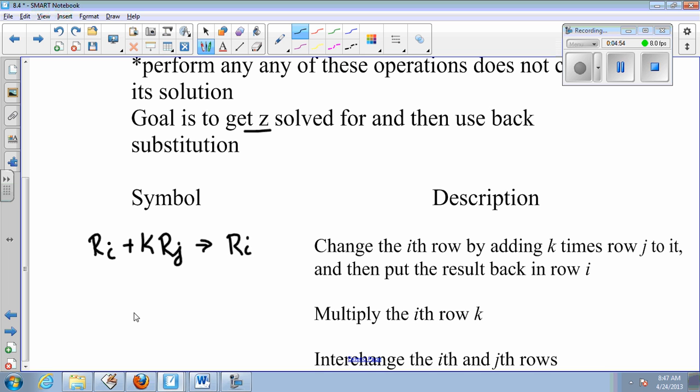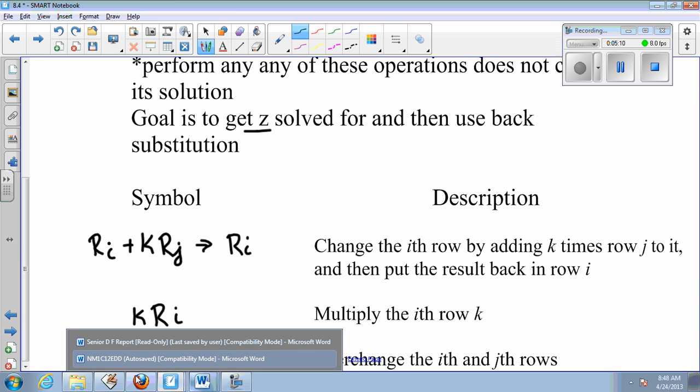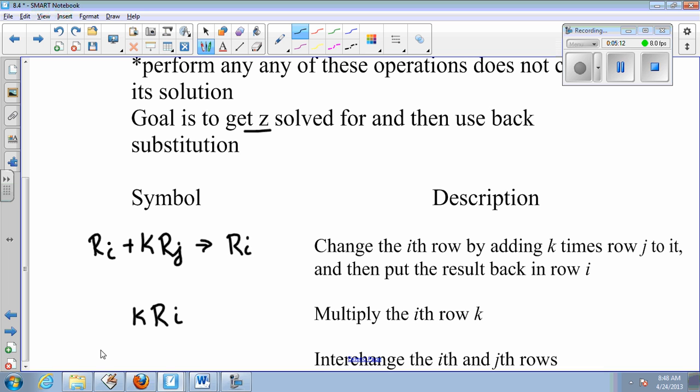To multiply by a non-zero constant, we take k, for constant, times Ri, whatever row it is. And then to interchange the rows, our third operation, we just go Ri to Rj, and you have the double arrow in between.